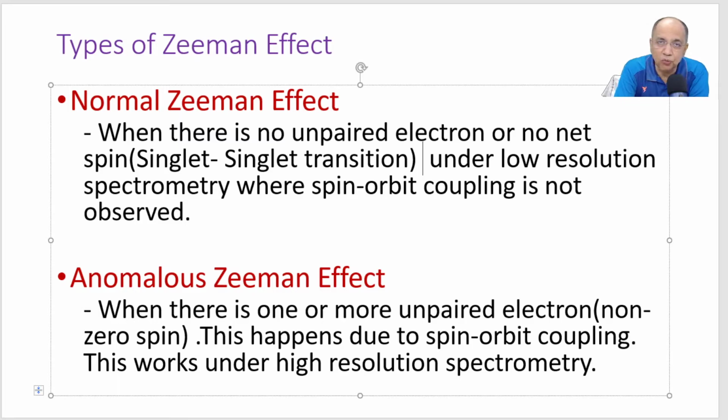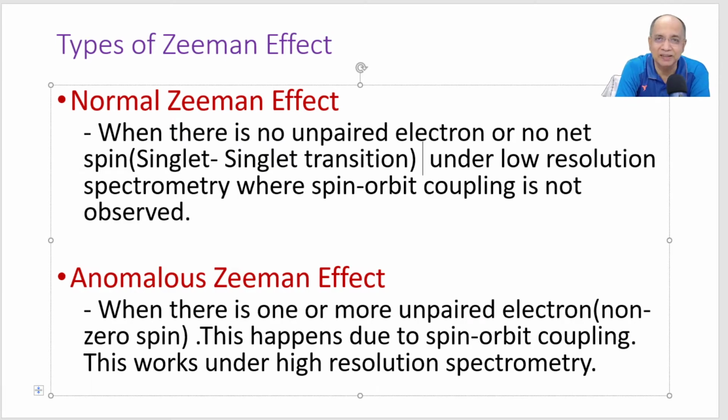If there is no unpaired electron, it will not show any spin orbit coupling, and it will always be the normal Zeeman effect, whether under low resolution or high resolution conditions. But if there is 1 or more unpaired electron, then under low resolution conditions, that means using an ordinary prism, it will not be able to detect such a fine, small energy difference which the 2 different spin states, clockwise and anti-clockwise, produce on the quantum levels.